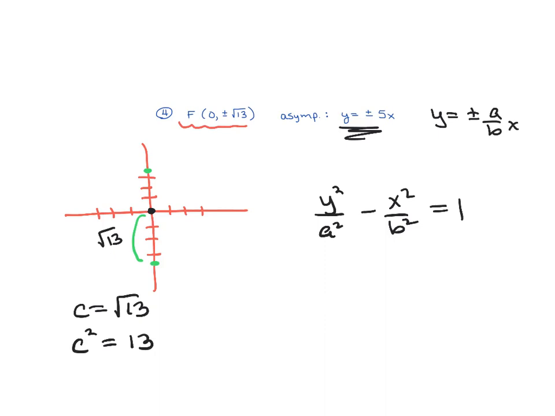So now what I'm going to do is, I know that this is what a over b is equal to. I could change it to a fraction. So a over b is equal to 5 over 1.